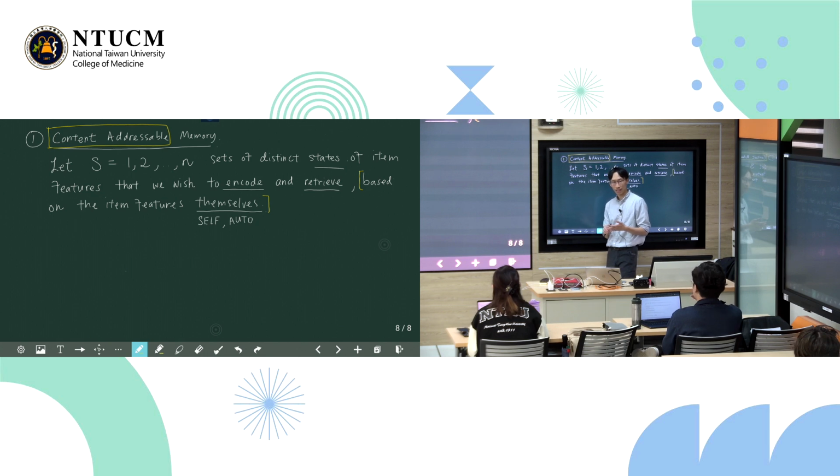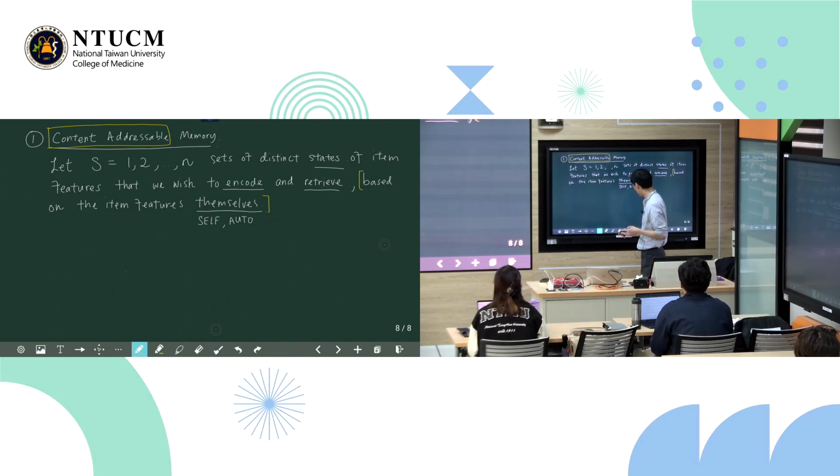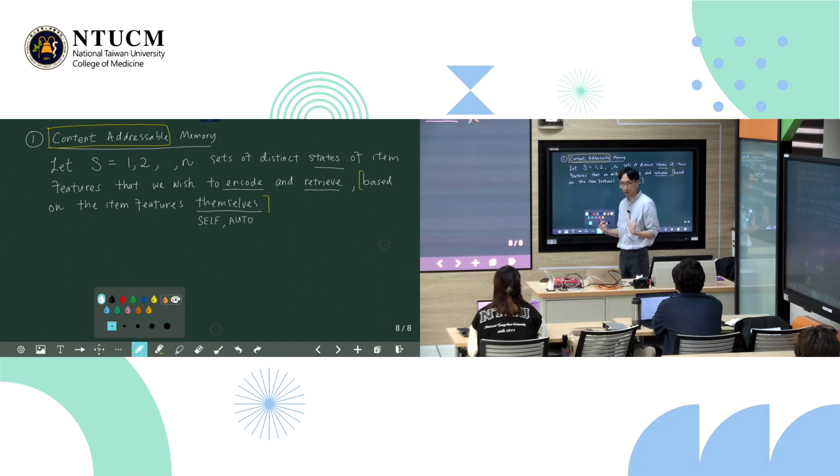All right? The features of it are themselves what drive the encoding, or are being encoded themselves. All right? So that's why we frame this as the formal expression of the problem.